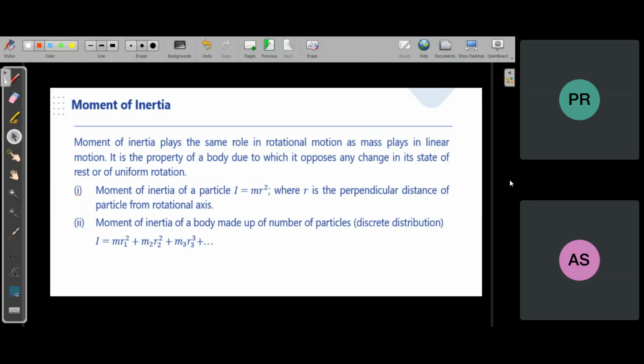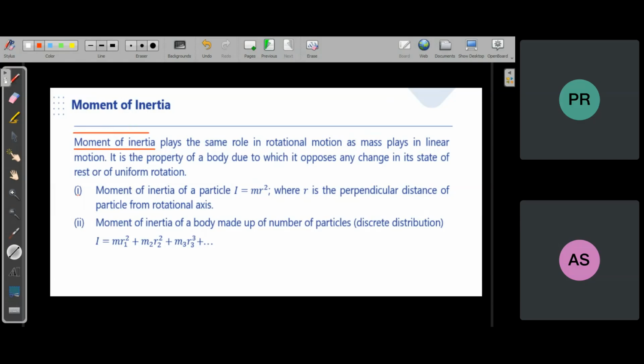Inertia in translational motion depends on mass. In place of inertia here in rotational motion, there is a quantity called moment of inertia having the same role. Inertia is a property which opposes any change in its state of motion, which we already studied.